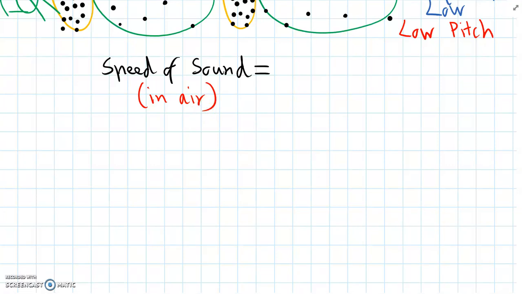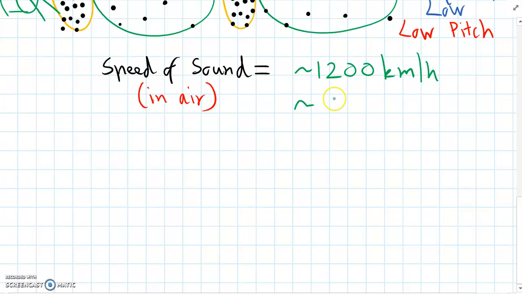Because, as we've learnt, sound can move through all different types of materials, but most commonly we hear sound through the air. And in the air, sound moves approximately 1,200 kilometers per hour, which is about 330 meters every second.